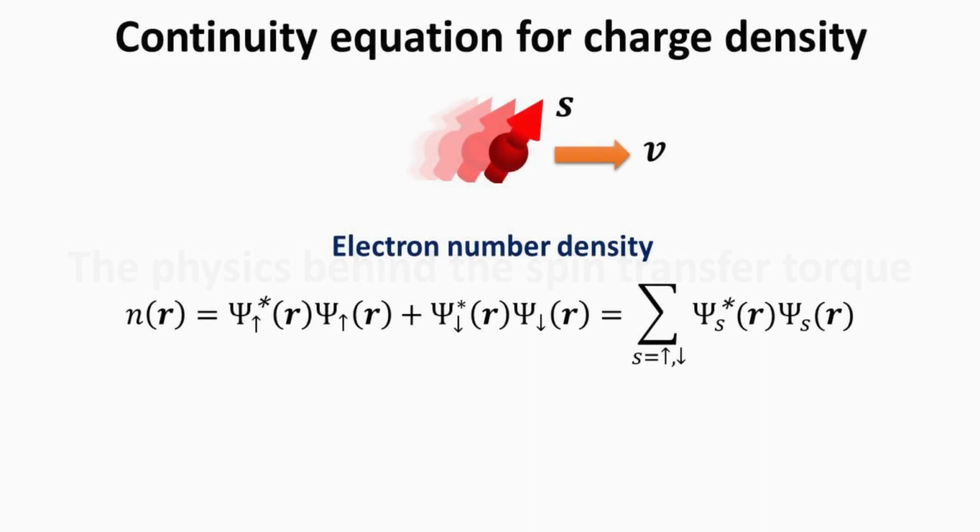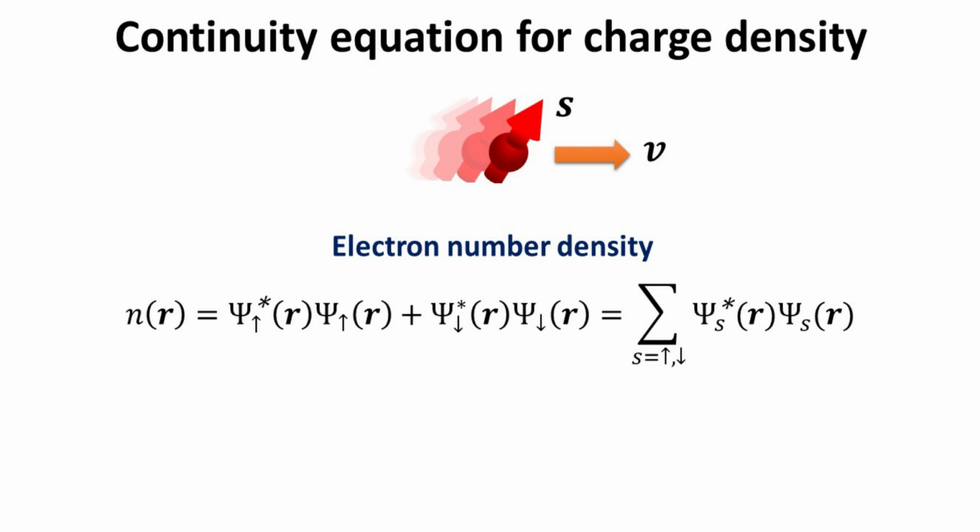Part 2. The physics behind the spin transfer torque. To understand how spin transfer torque works, we begin by recalling the conservation of charge and current continuity in electron systems. The quantum mechanical analog of the classical charge continuity equation is the continuity equation for the conservation of probability density.